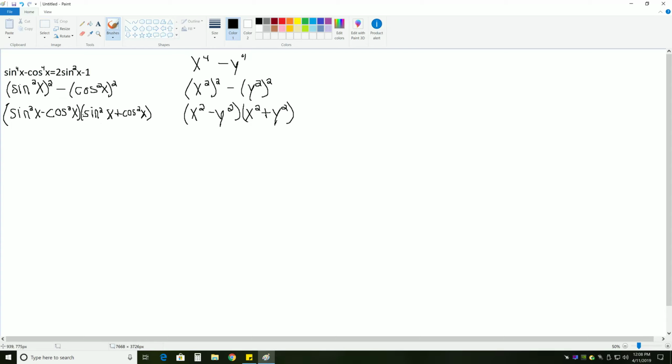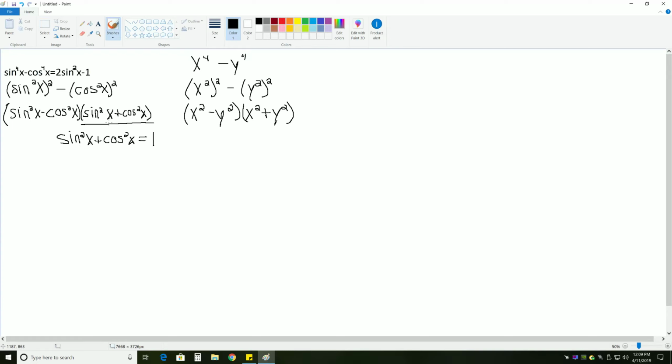And now that we have this, notice we have sine squared x plus cosine squared x. We know that sine squared x plus cosine squared x is one of our Pythagorean identities, and it's equal to 1.